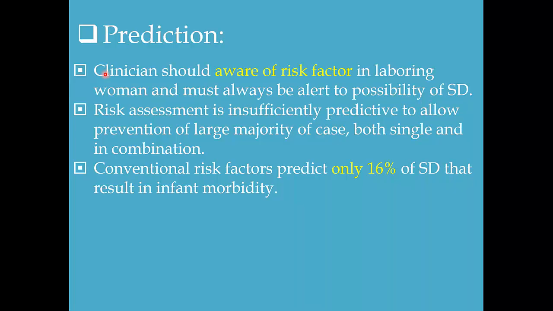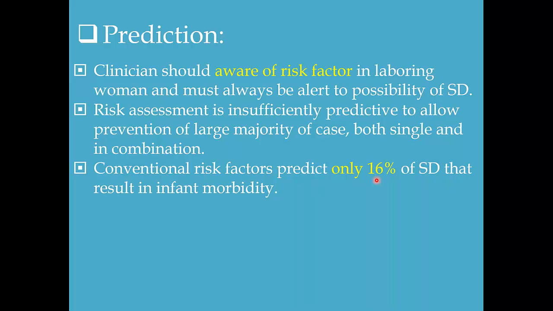This is the problem with shoulder dystocia, because it is unpredictable and difficult to prevent. Risk assessment is insufficiently predictive to allow prevention of the large majority of cases, both single and in combination.